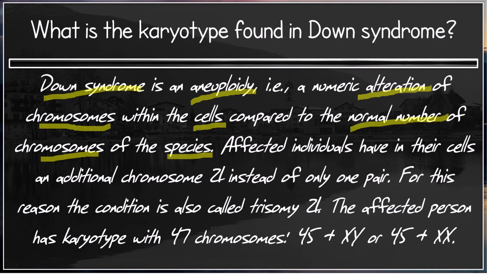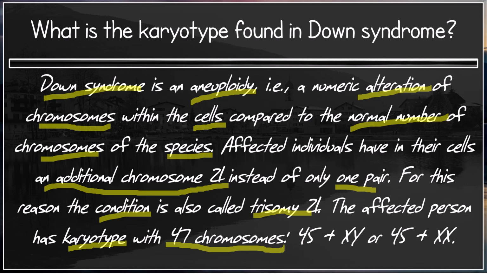Affected individuals have in their cells an additional chromosome 21 instead of only one pair. For this reason, the condition is also called trisomy 21. The affected person has a karyotype with 47 chromosomes, that is 45 plus XY or 45 plus XX.